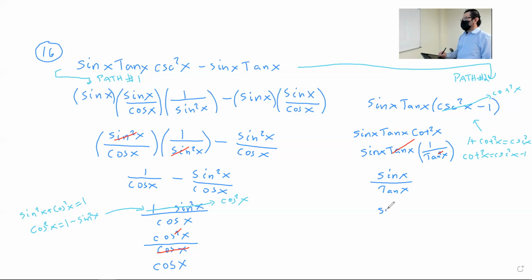And from here, we can turn everything into sine and cosine. So this is going to be equal to sine of x divided by sine of x divided by cosine of x.